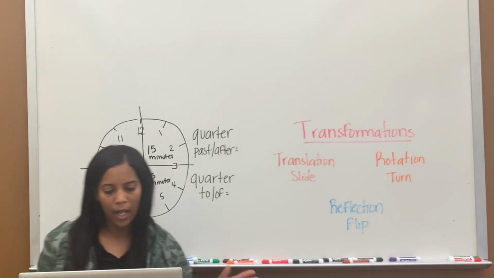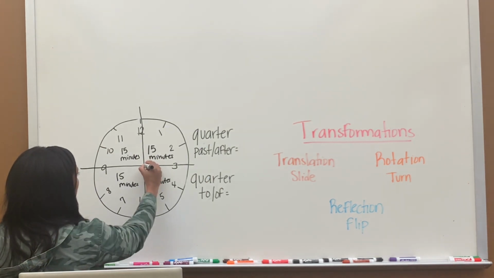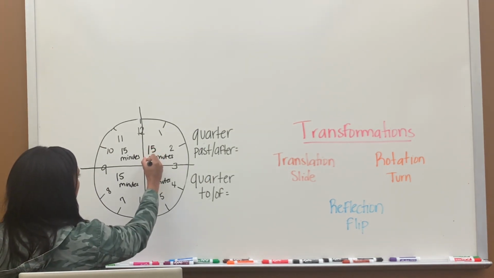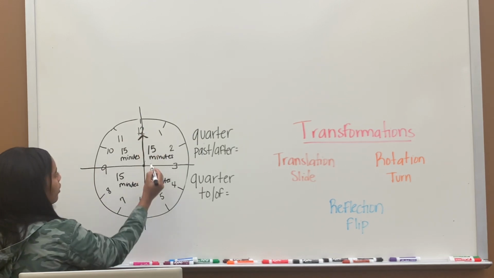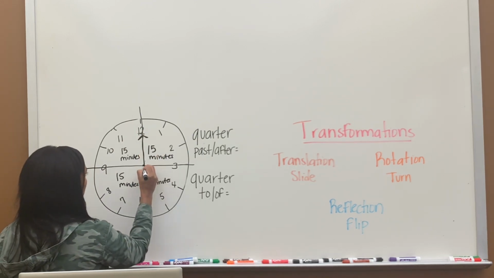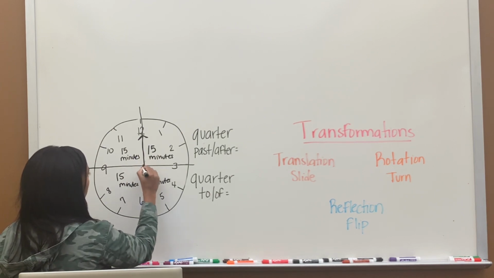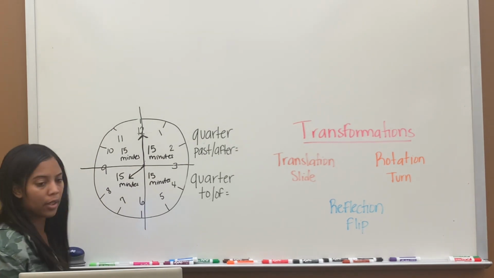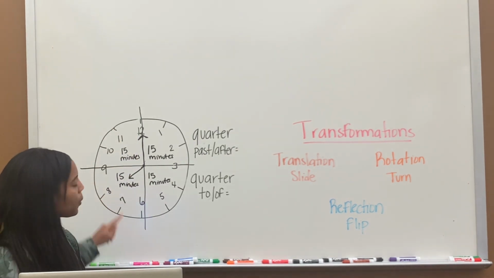Now, let me put a time on the clock, okay? So just watch my time that I'm about to put. Okay, this is my minute hand. And this is my hour, okay? So my minute hand is pointing to 12. My hour hand is pointing to 8.